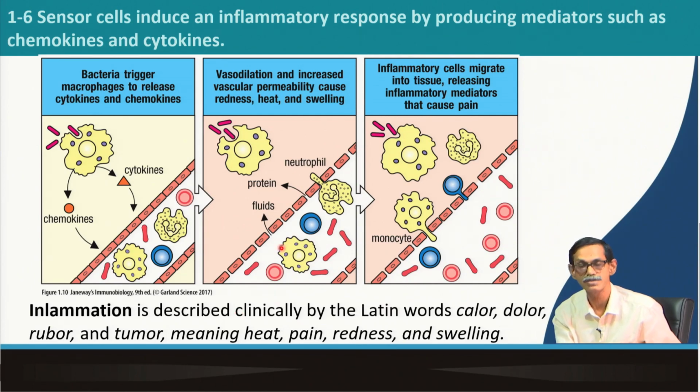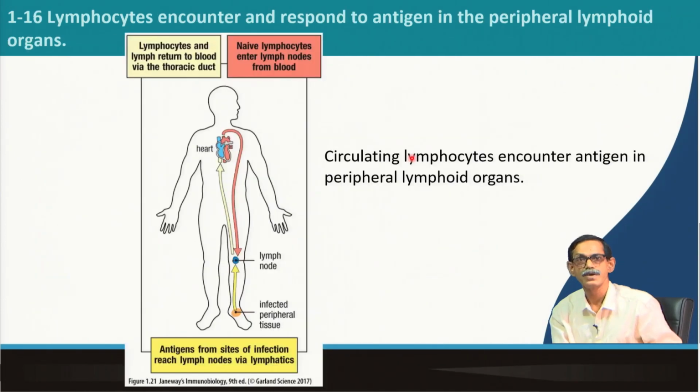In inflammatory response we already discussed. So, all these macrophages and dendritic cells pick up the infectious organism and then bring it to the nearest lymph node.